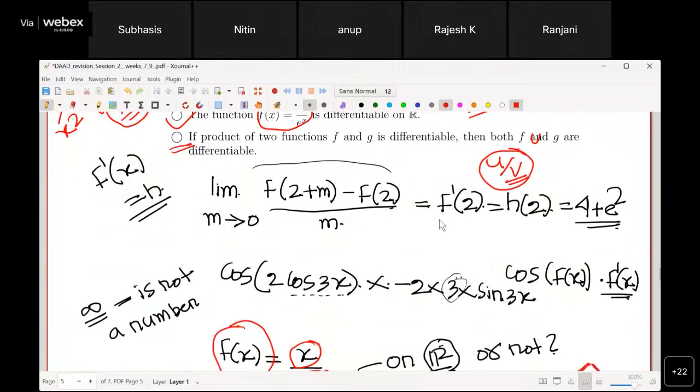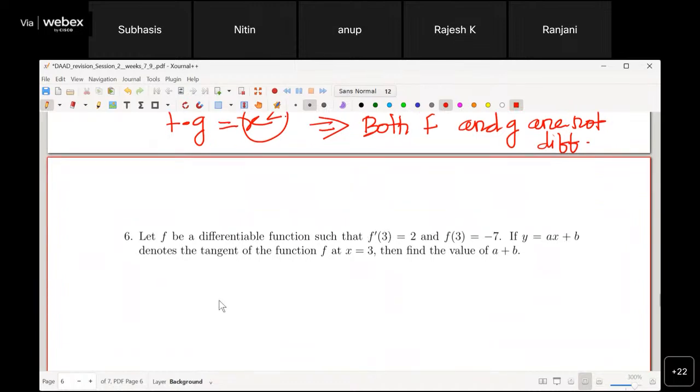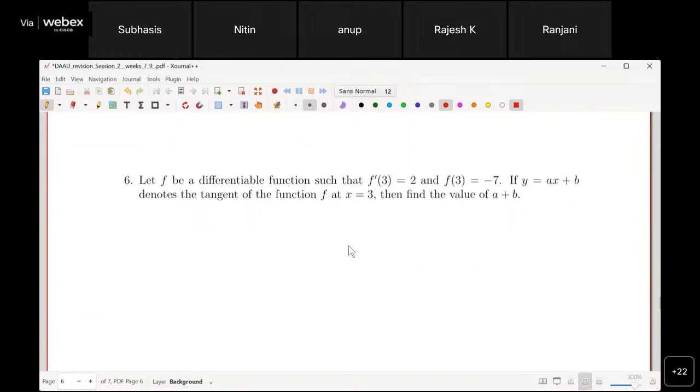So the next thing is something related to differentiability as well as tangent. Okay, so what this question is saying, suppose you have a differentiable function f, and the derivative of this function at 3 is 2, right? The derivative of this function at 3 is 2, and the value of the function at 3 is -7.